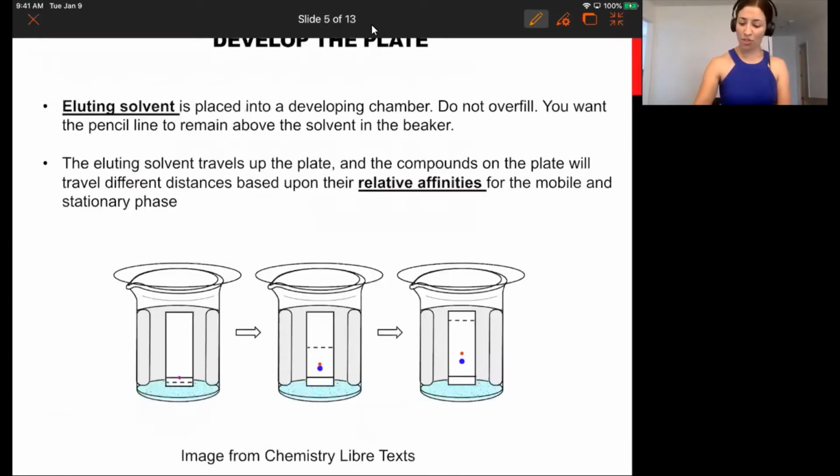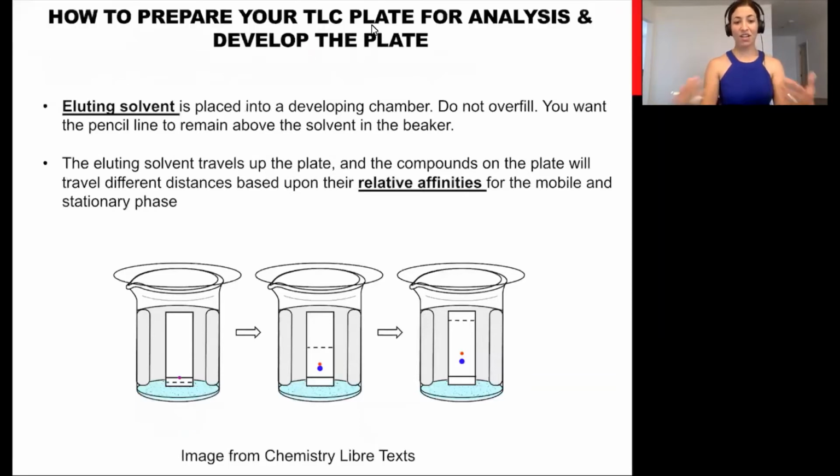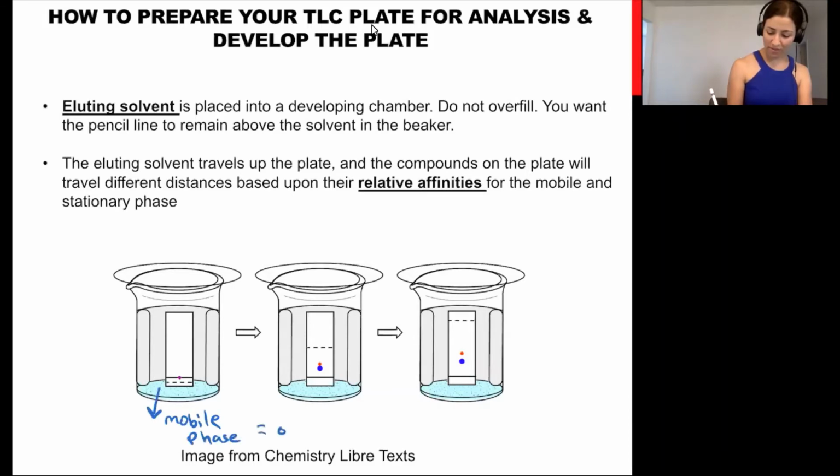So, once you have your compounds spotted onto your plate, it's time to place the plate into the chamber and develop that plate. Allow it to undergo the process of chromatography. So before placing the plate into the chamber, you're going to want to place your eluting phase or your mobile phase, which is going to be an organic solvent, into the base of the chamber.